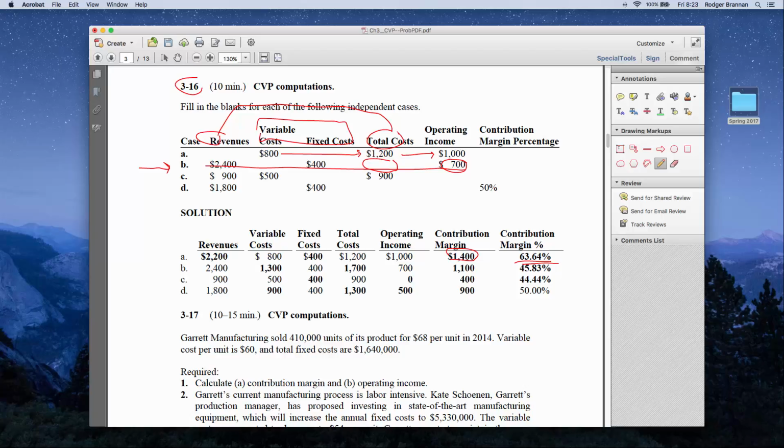So therefore, my total cost in this situation must equal $1,700. Now, once I know that, if my total cost is $1,700, and I know my fixed cost is $400, variable cost must be $1,300. And then at that point, I can calculate my contribution margin and contribution margin percentage.